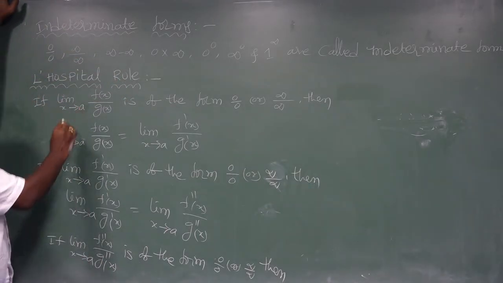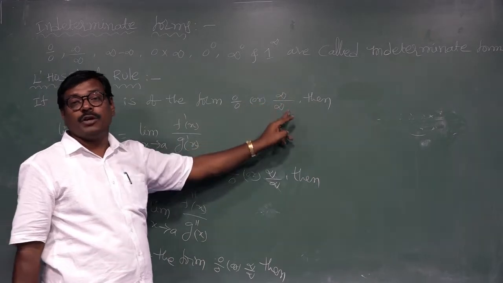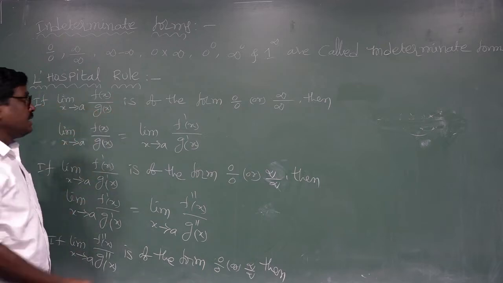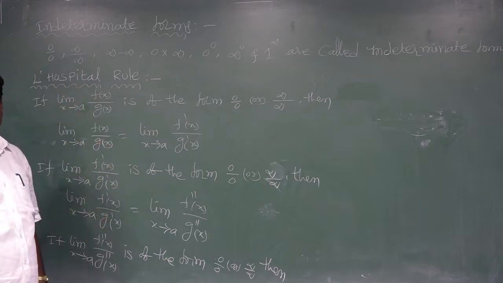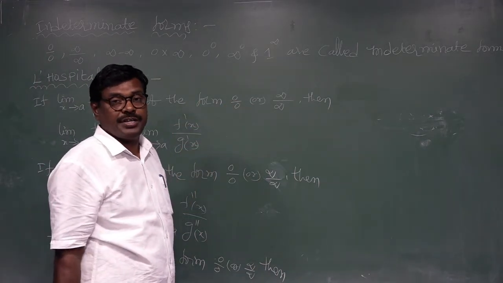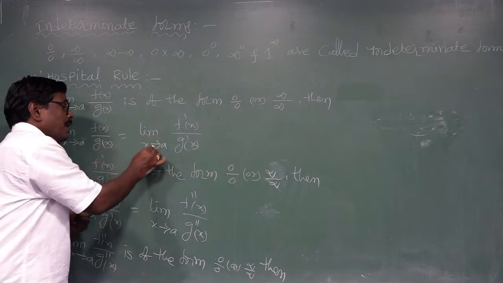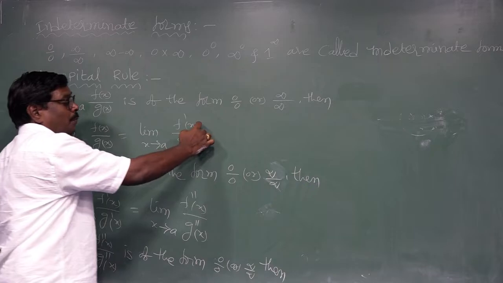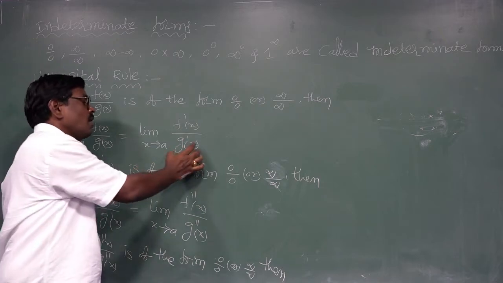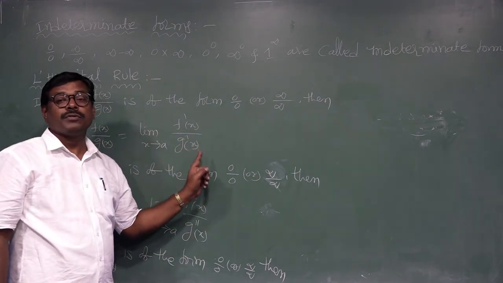If limit x tends to A of f of x by g of x is of the form 0 by 0 or infinity by infinity on substituting x equal to A, then limit x tends to A of f of x by g of x equals the limit x tends to A of the numerator's derivative separately over the denominator's derivative, that is, limit x tends to A of f dash x by g dash x.